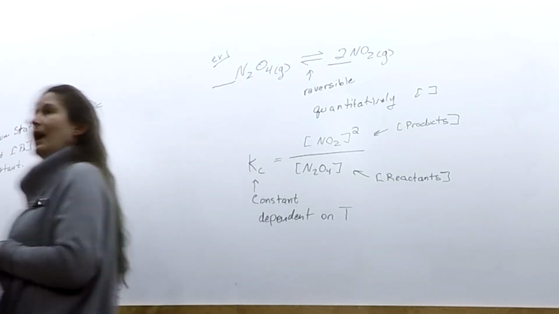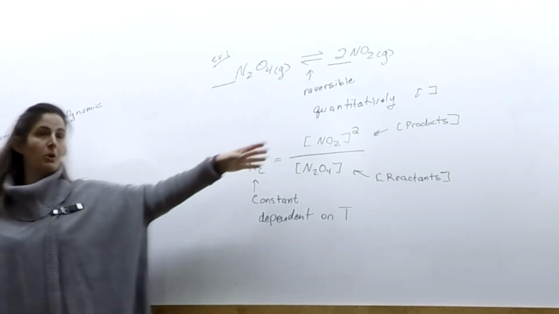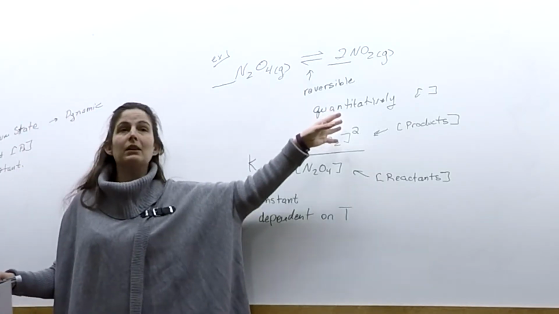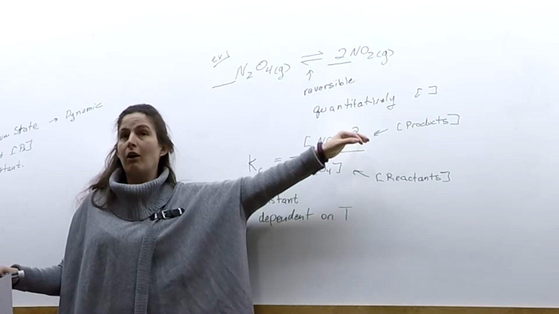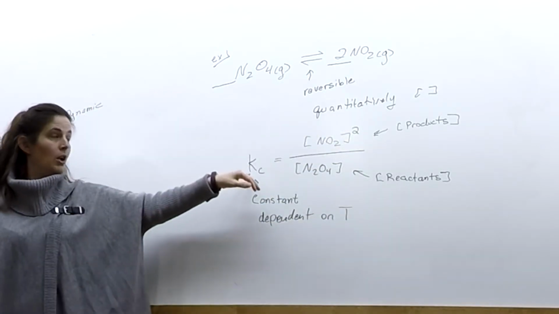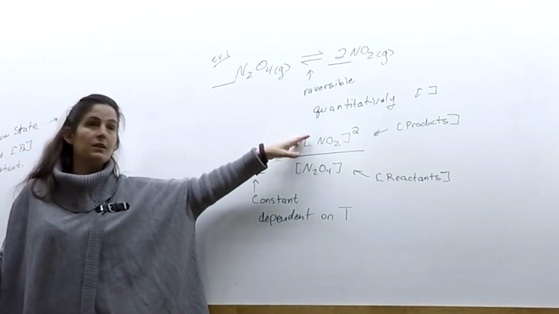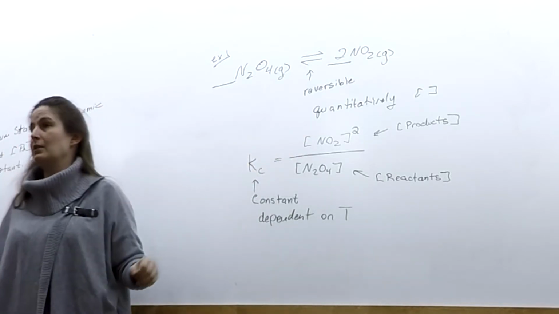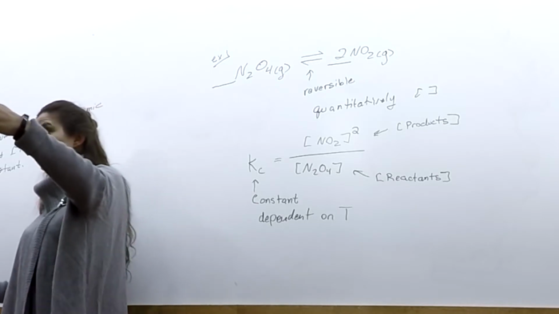What do I mean by that? We're talking about a ratio here. So mathematically, if the top of our ratio is larger, what happens if this increases? What happens to our constant? It will increase, right?